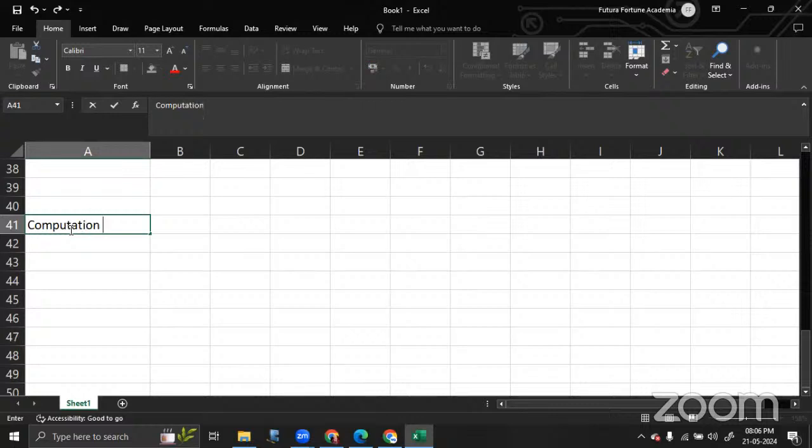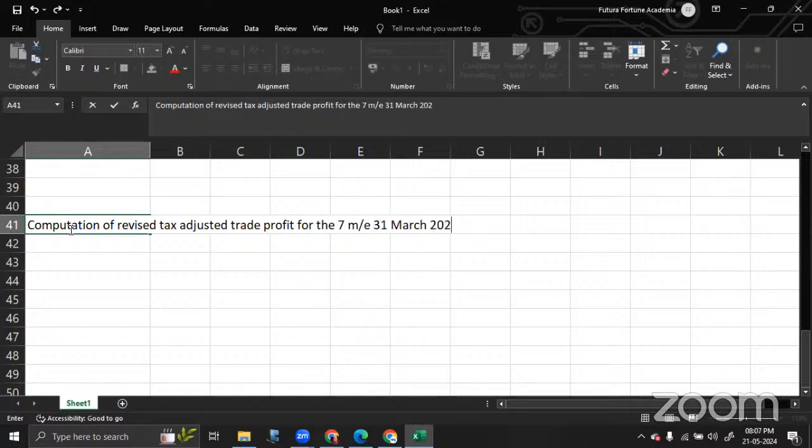The computation of revised tax adjusted trade profit for the 7-month period ended 31st March 2024.